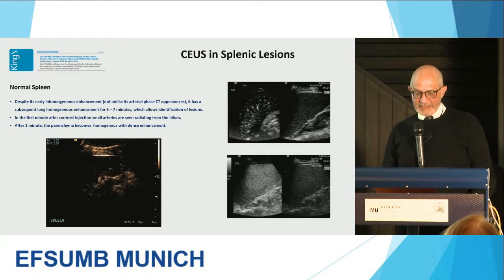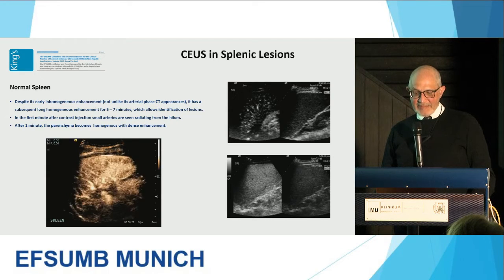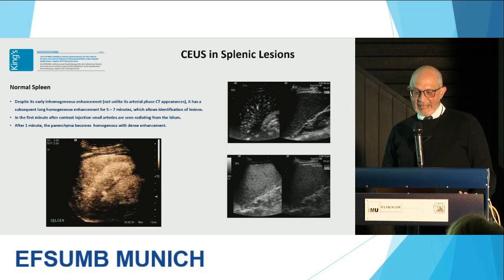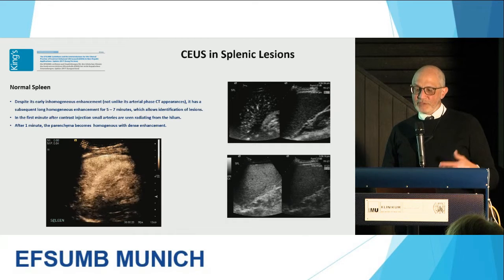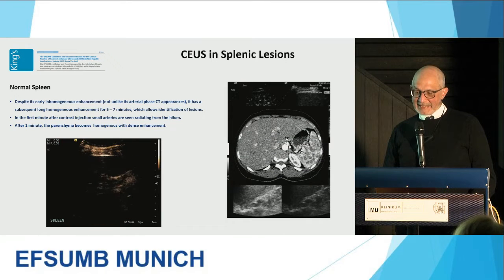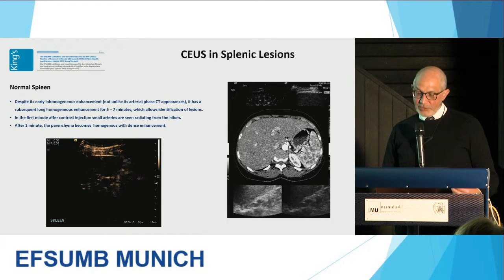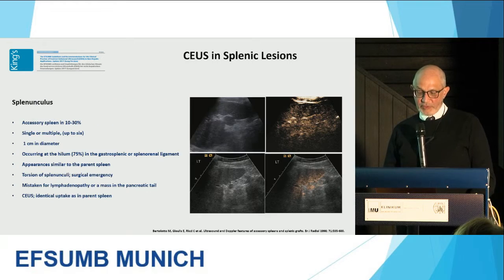Now watch this video of that spleen, and you can see that zebra pattern coming through. It takes some time, 30, 40, 50, 60 seconds, to become normal. It's exactly the same as on the CT scan, but you're seeing it dynamically. So that is a normal spleen perfusion with contrast-enhanced ultrasound.